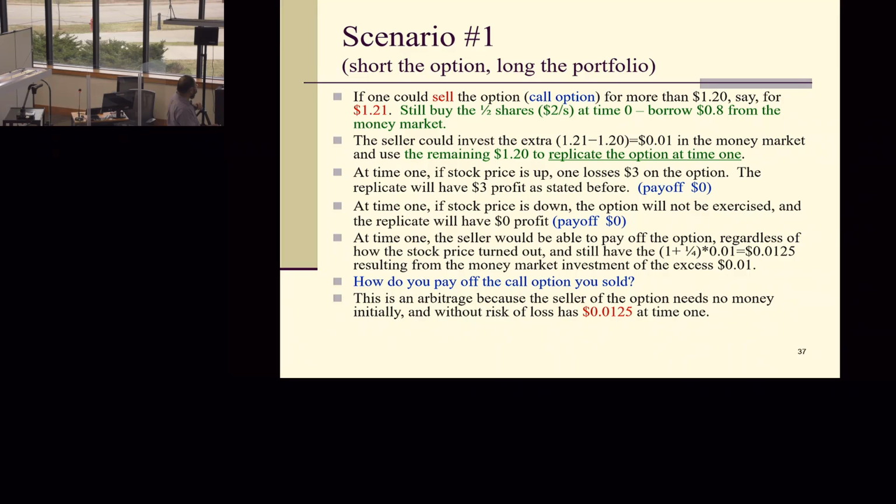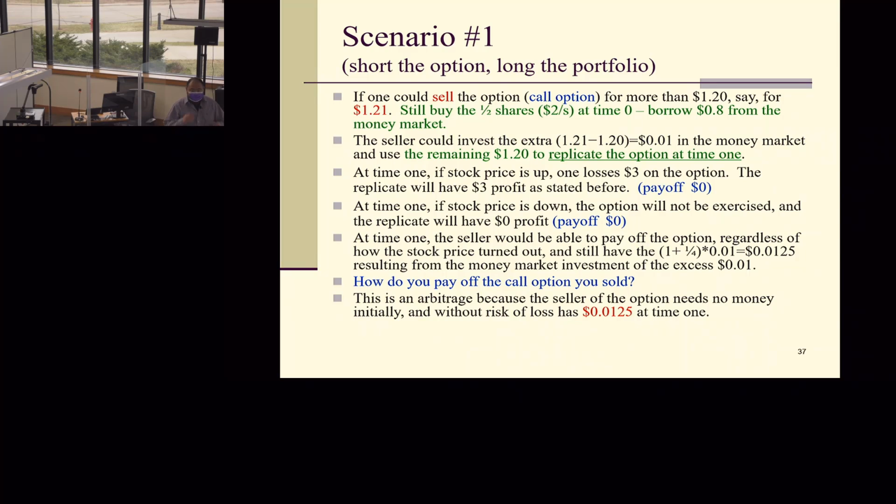So the buyer will pay extra, $1.21, so I can sell it for $1.21. So our income will be $1.21 at time 0, minus the $1.20 I needed to set up this game, correct? $1.20 initial out-of-pocket I need. And I have 1 cent left over. Everybody okay? Extra 1 cent as my leftover at time 0. And I'm going to save that into my money market account to bear interest.